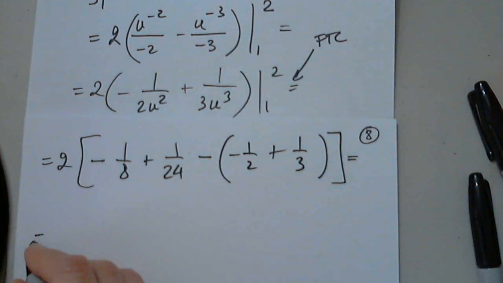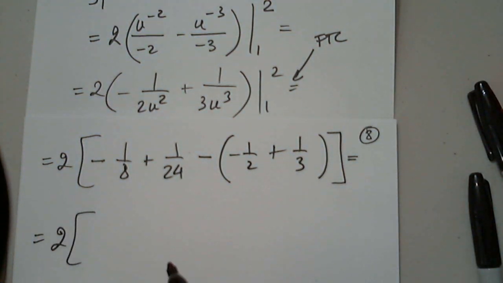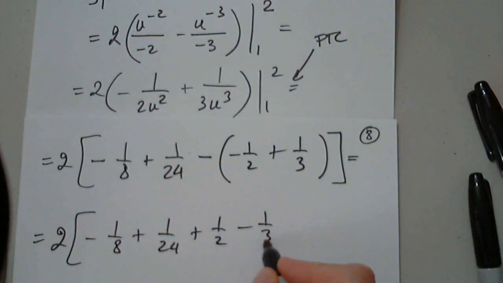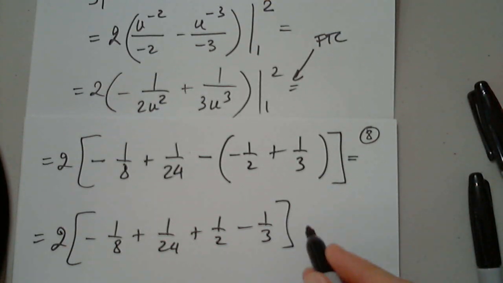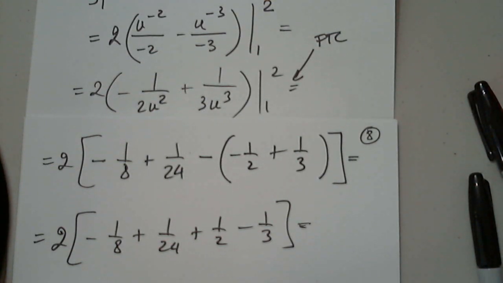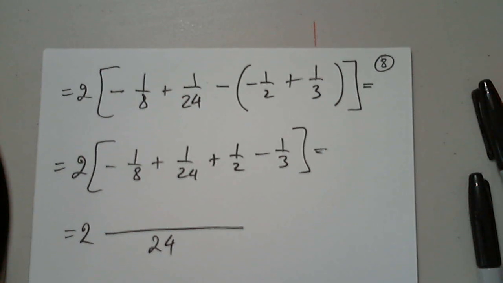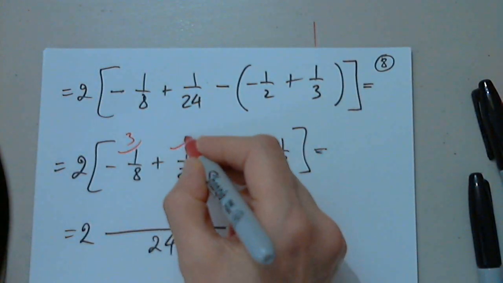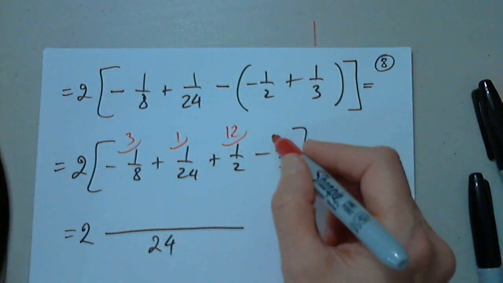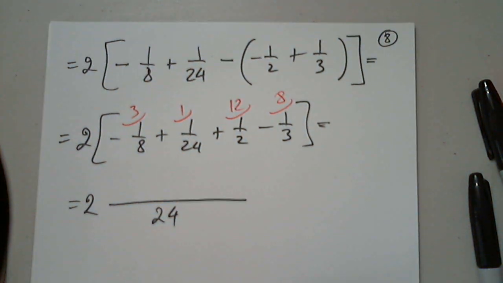So finally, 2 times negative 1 over 8 plus 1 over 24 plus 1 over 2 minus 1/3. So obviously the least common denominator is 24. So now let's see the adjustments. What are the adjustments here? So here a 3, here a 1, here a 12, and here an 8.